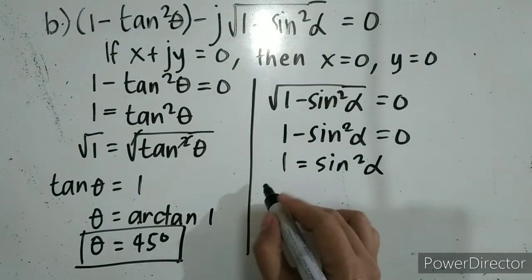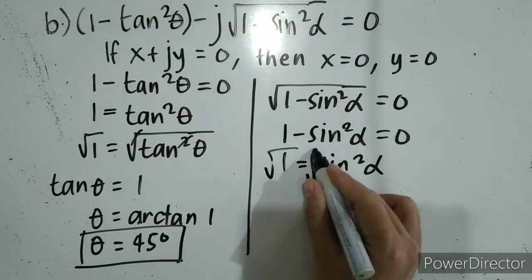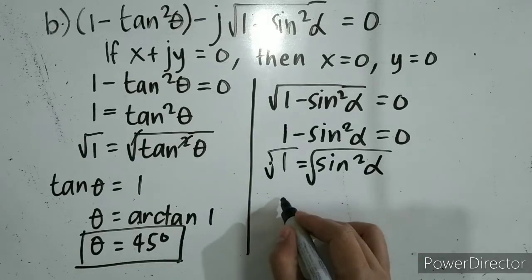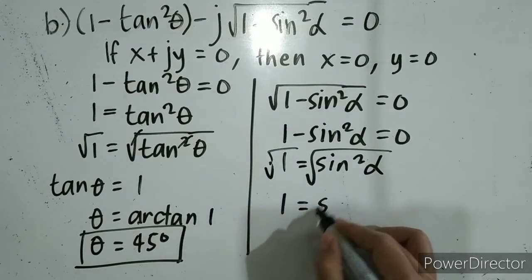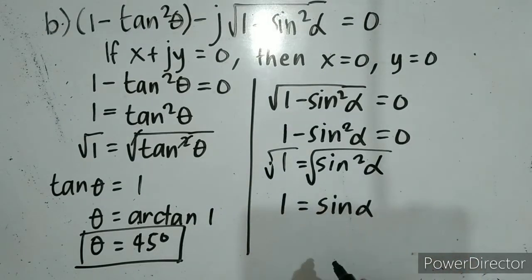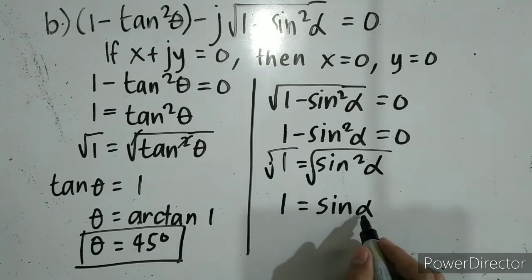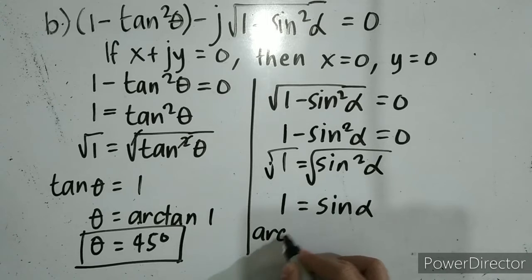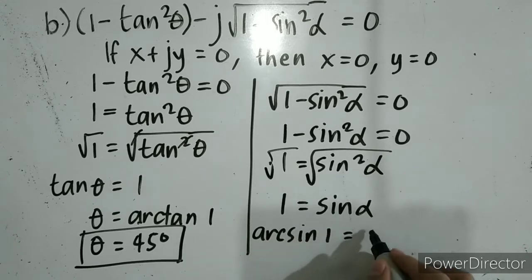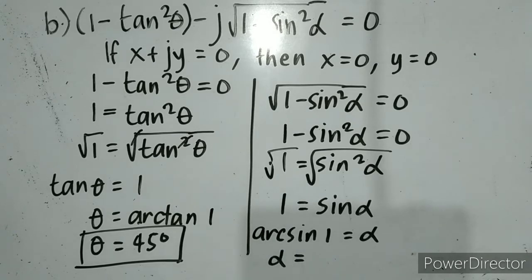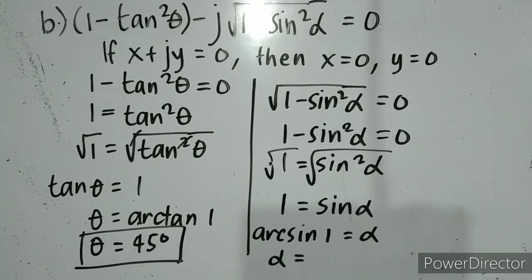Take the square root of both sides. The square root of 1 is still 1, and we have sine of alpha. In order to get alpha, we have arc sine of 1 is equal to alpha, and alpha is equal to 90 degrees.